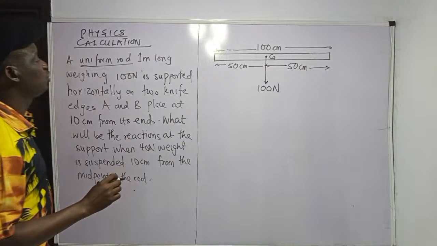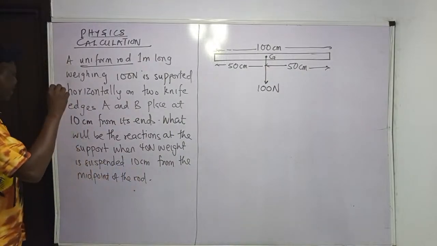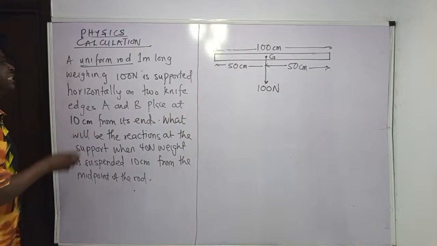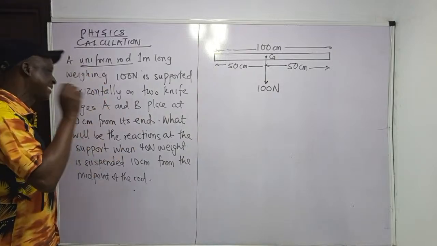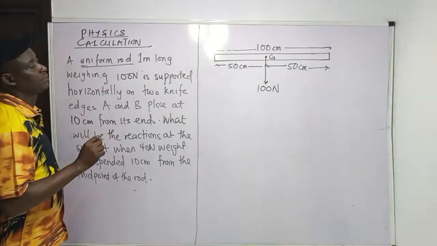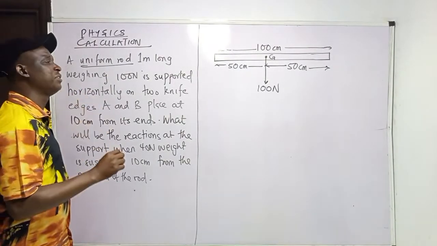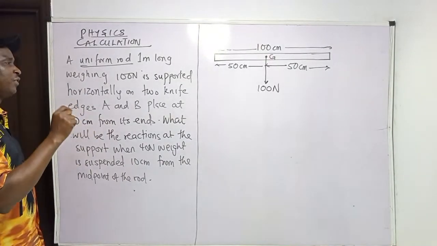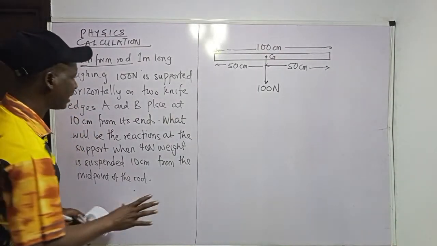One key point you should know is that the weight of a particular rod or an object is always at the center of gravity. The center of gravity is the point where the gravitational pull of the earth tends to act.